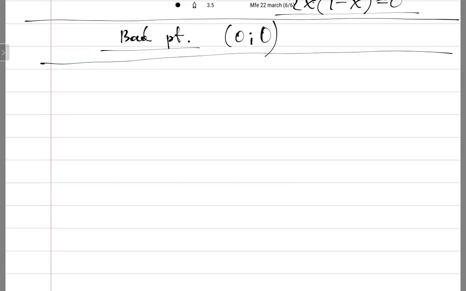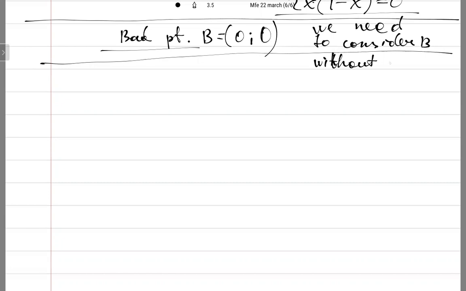Let's call this bad point B. We need to consider B without the Lagrange multiplier method.